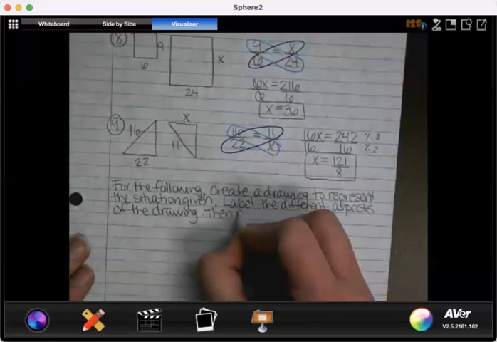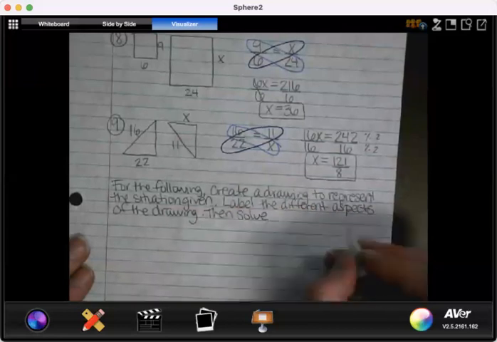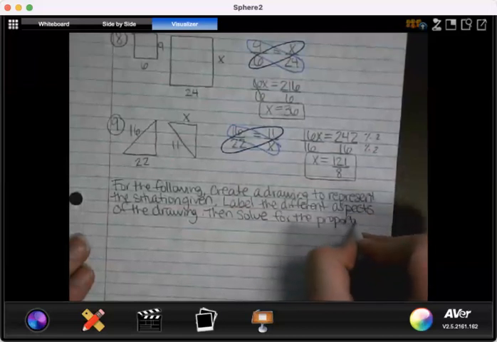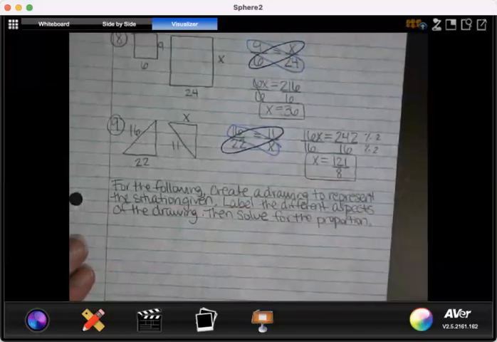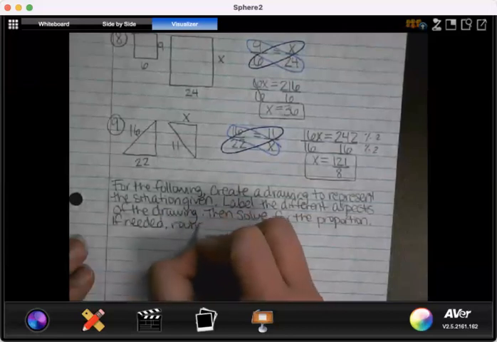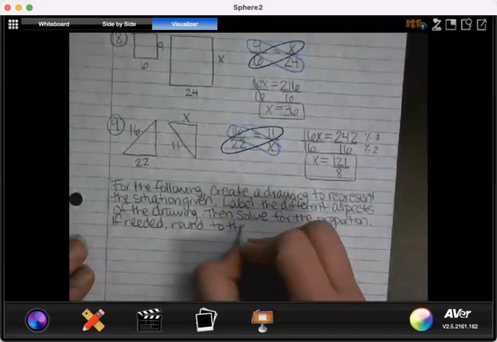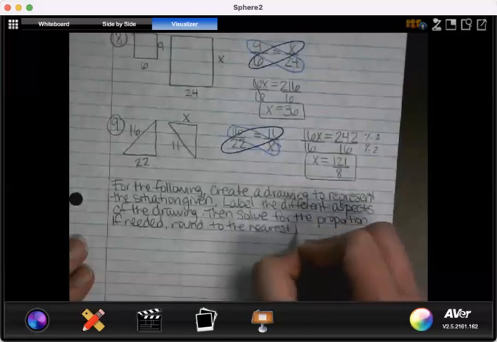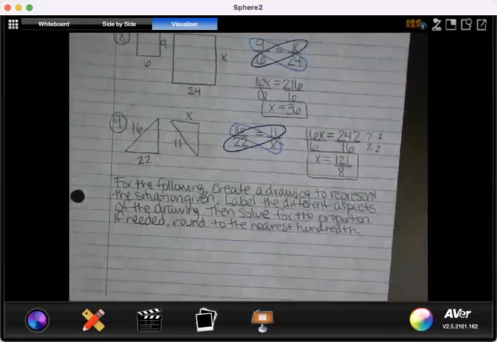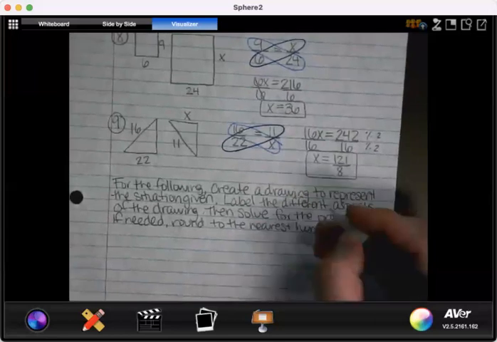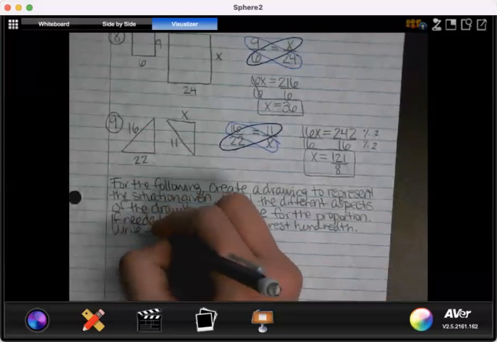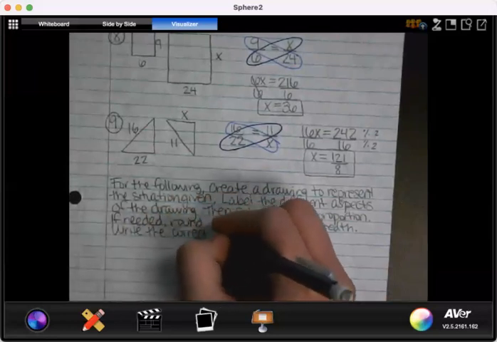Then solve for the proportion. If needed, round to the nearest hundredth. And write the correct units and show work.